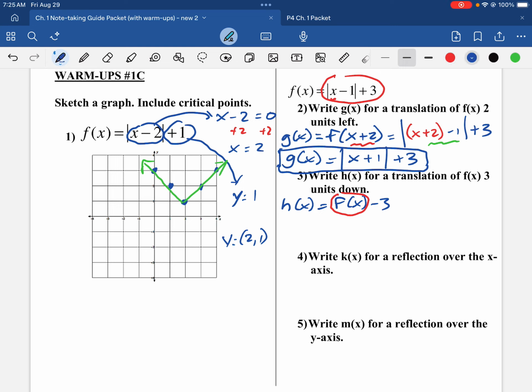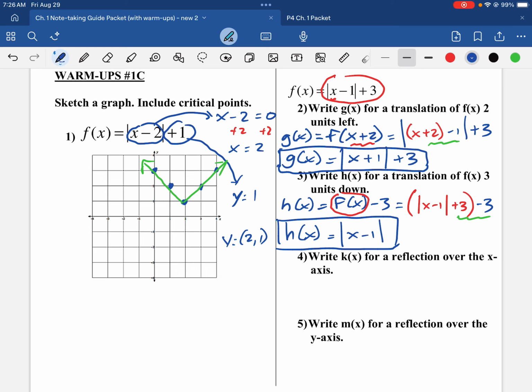So, substituting in absolute value of x minus 1 plus 3, like that, and I still have the minus 3 on the outside, okay? And this would look the same without parentheses, so then I need to combine the 3 and the negative 3. Well, 3 minus 3 is 0, so that means I'm just left with absolute value of x minus 1. And there's function h.